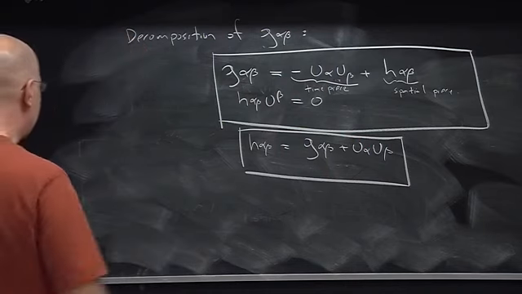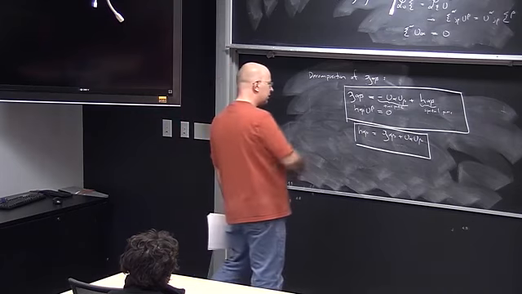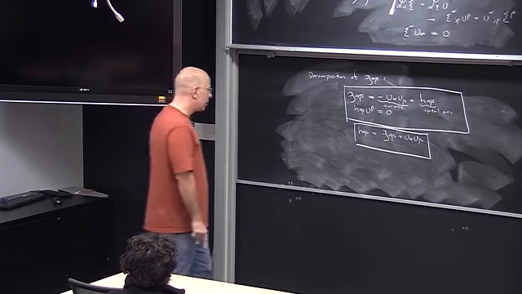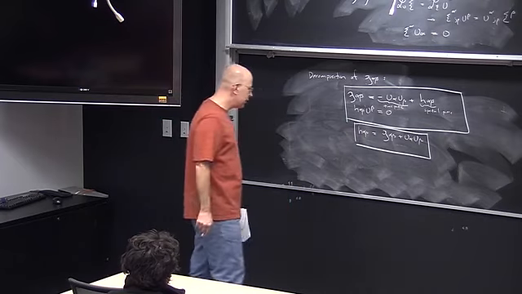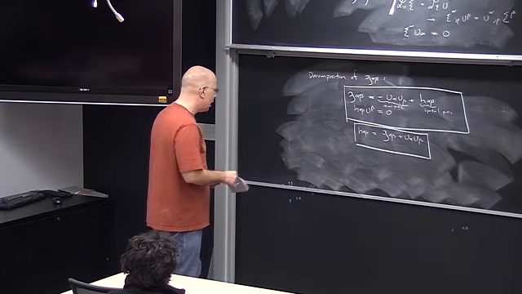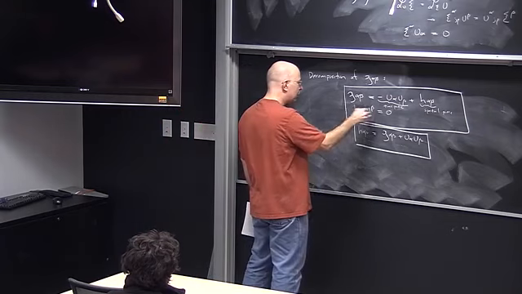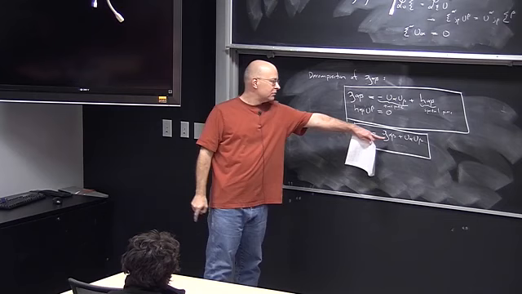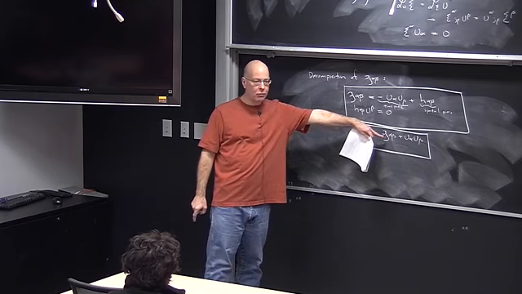I'll try to explain a little bit better what's going on here so that you all see what the thinking is behind this decomposition. But let me just work out a couple of interesting properties about this H. Well, first of all, at this stage I was declaring that H alpha beta has to be orthogonal to U. But since we know what it is, we might as well verify.